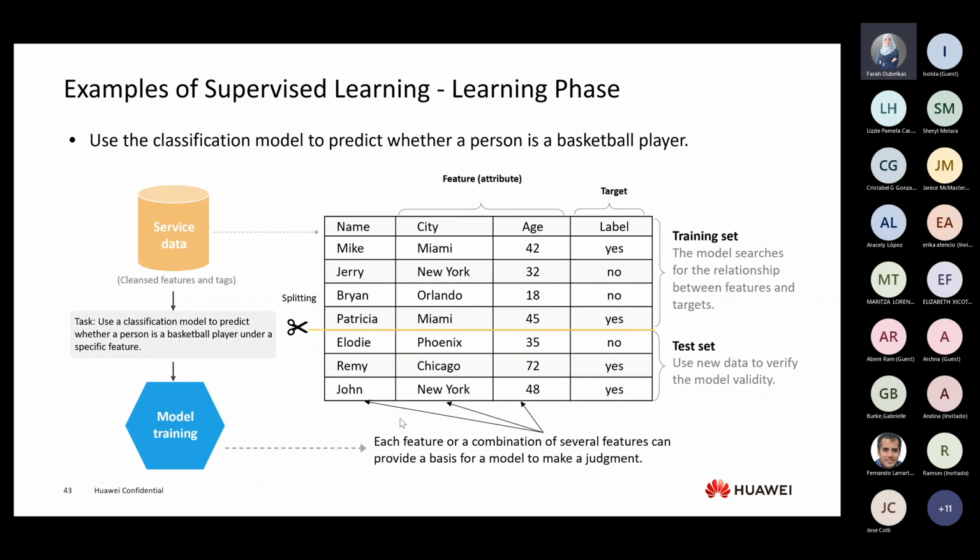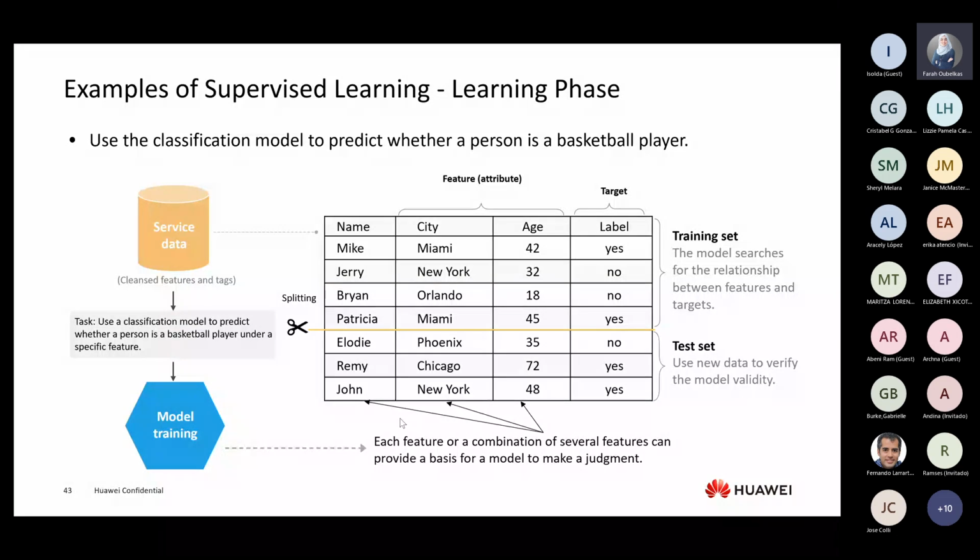Simply because if you want to classify whether a person is a basketball player, do you really need the name of the person? No, you don't need it, right? Exactly. But why would you need the city? I can't understand that.